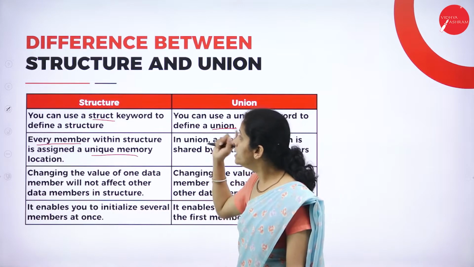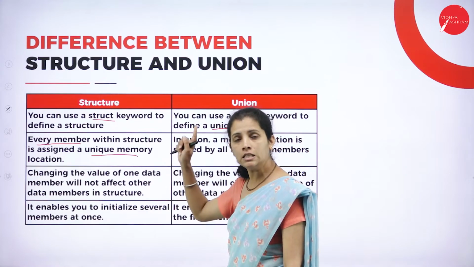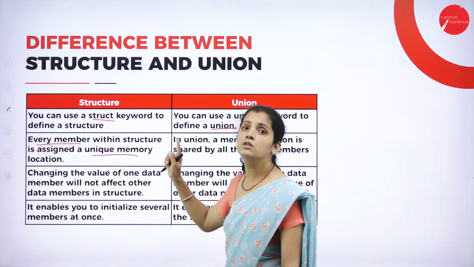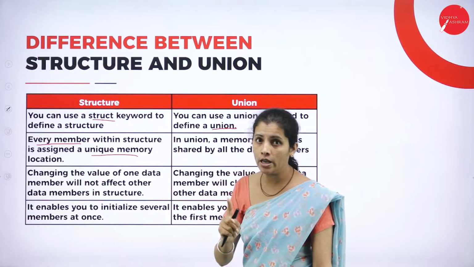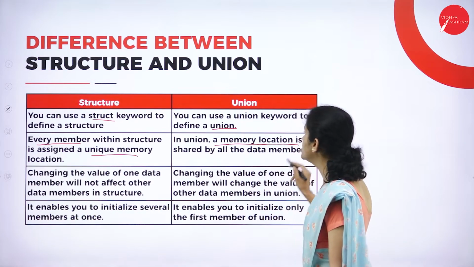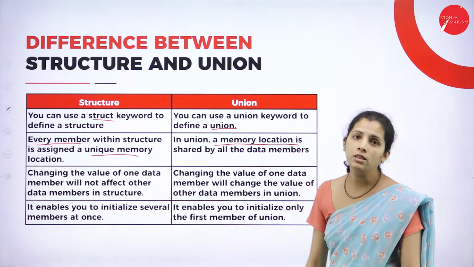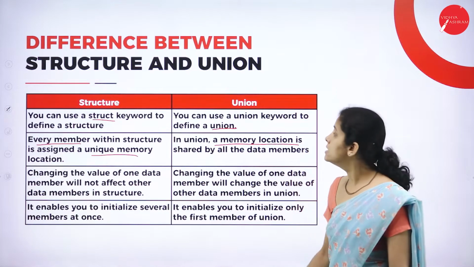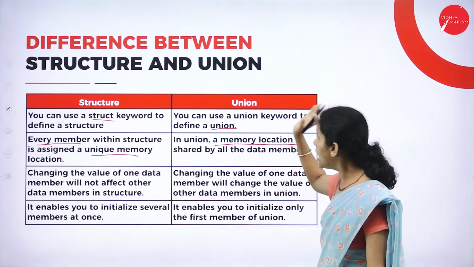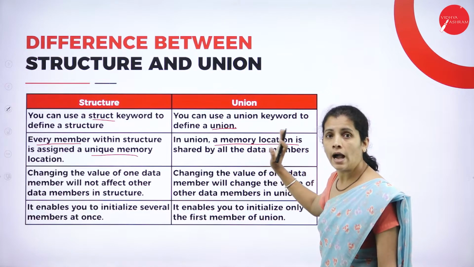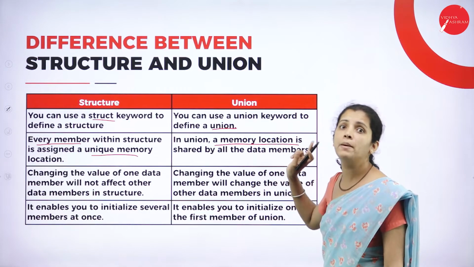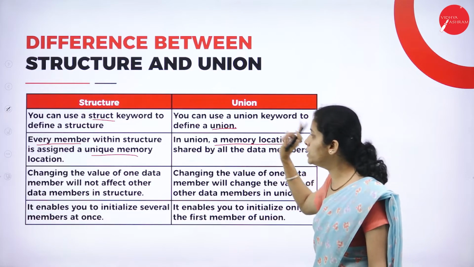That means during memory allocation in a structure, the compiler allocates memory for each data member. But in a union, a memory location is shared by all the data members. That means the compiler considers only the largest memory location, and all the members share the same memory location.